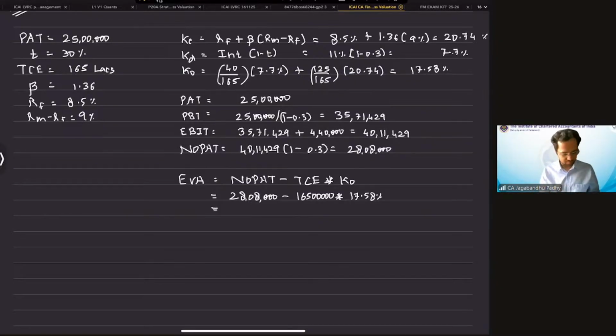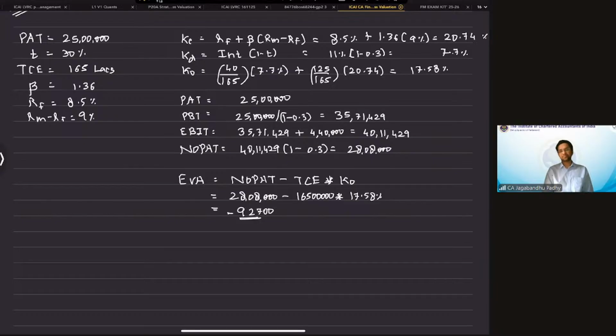So 165 lakhs into 17.58% minus 28 lakh 8,000, we have an economic value added of negative 90,700.